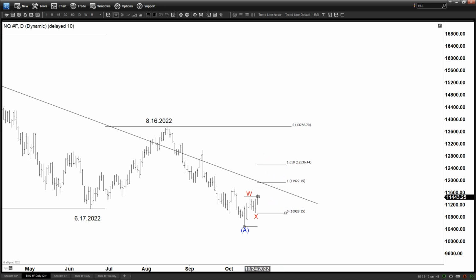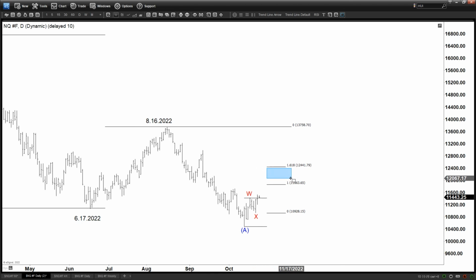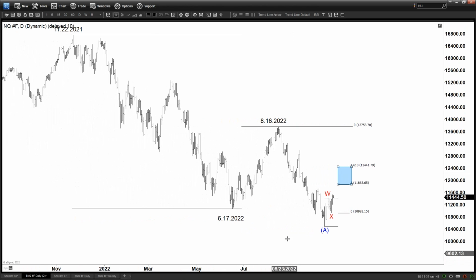So we can go all the way up to somewhere around 11,863, 12,441, and from here we might potentially fail again, because again the right side still is to the downside.